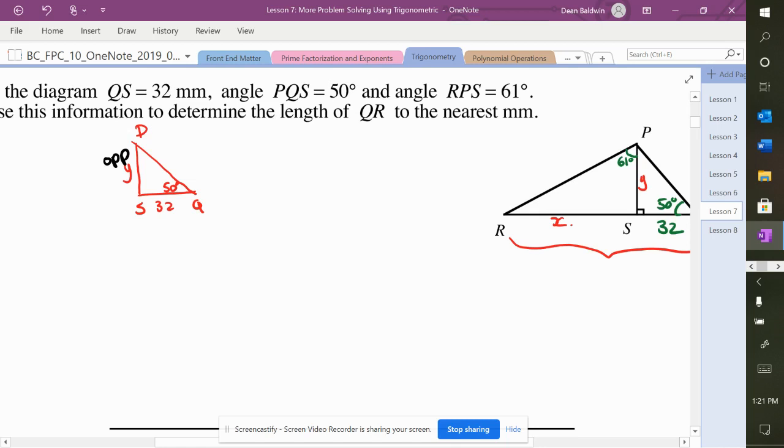And 32 would be the? What involves opposite and adjacent? What always goes with the angle? Or what always goes with the trig function? The angle. Is that right?